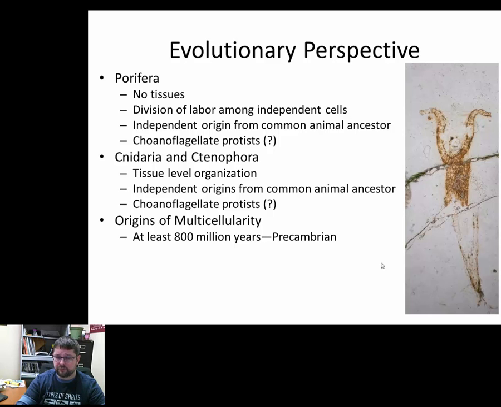And that's based on some evidence that was just found in the fall of 2018: seemingly fossilized tracks of organisms that can move, dating all the way to 1.5 billion years ago, and they seem to be multicellular, at least based on the evidence of the tracks and the remains of the organism.